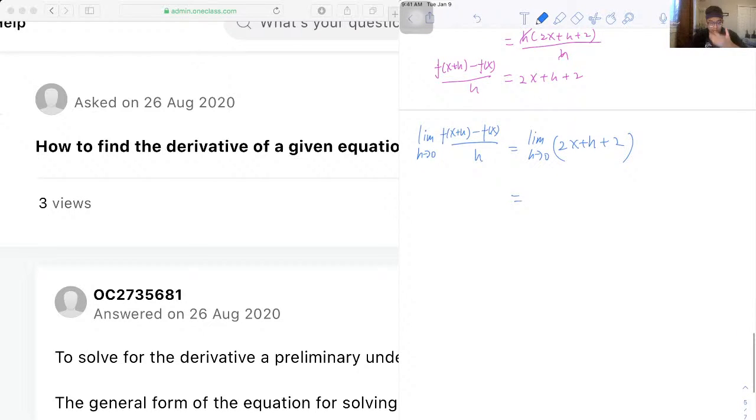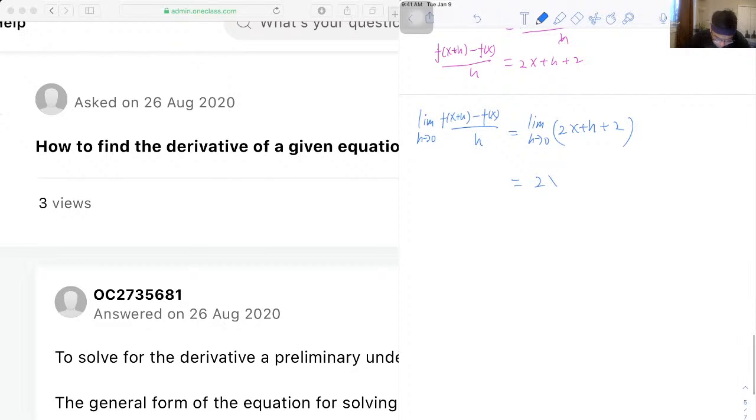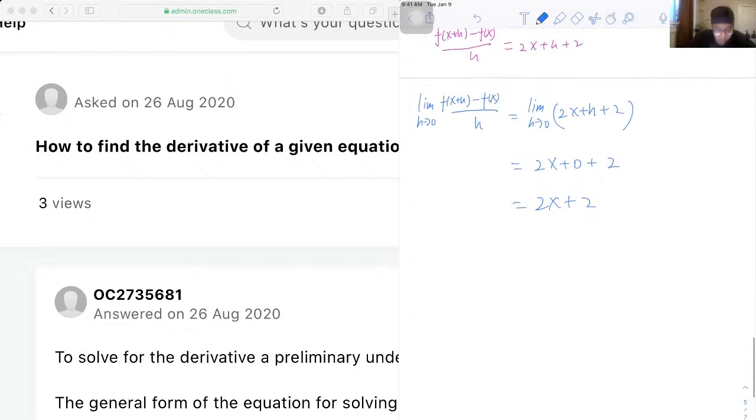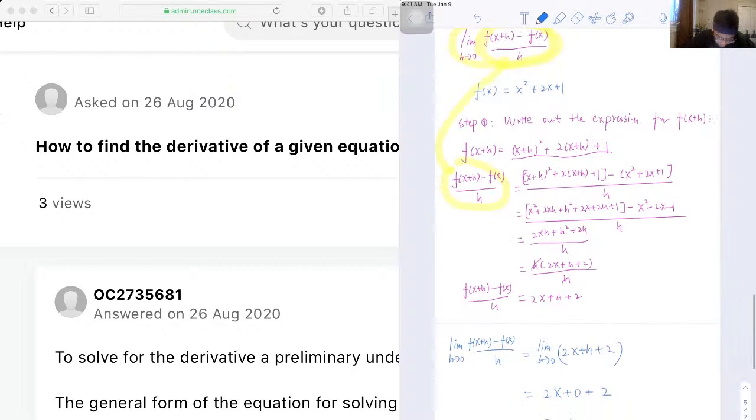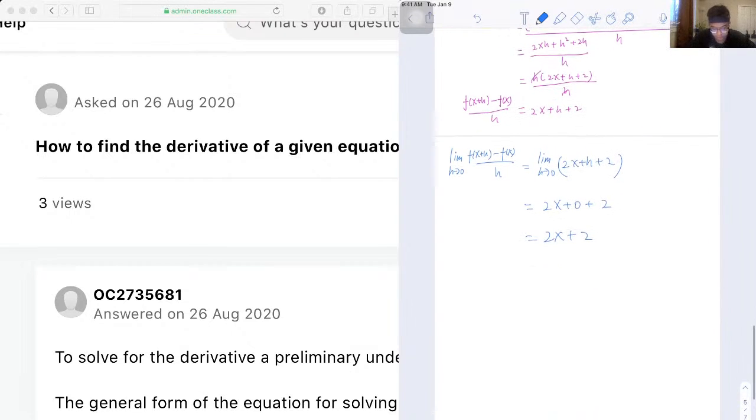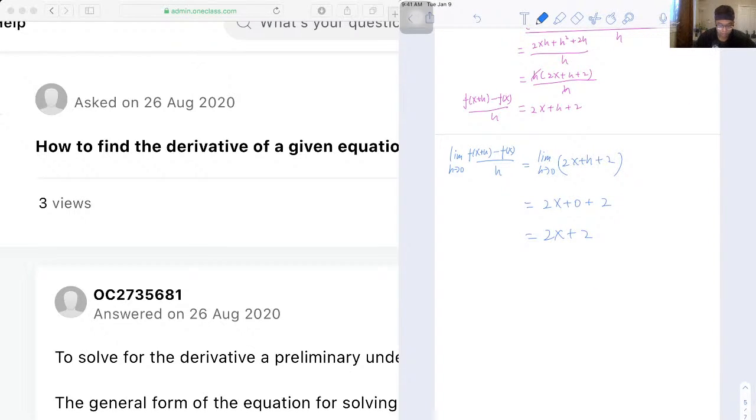And as you can see here, we have a plus h, and h is approaching 0. So in other words, it just becomes 2x plus 0 plus 2, which gives us 2x plus 2 as our answer. So therefore, the derivative of x squared plus 2x plus 1 is equal to 2x plus 2.